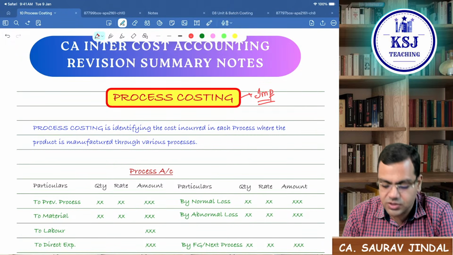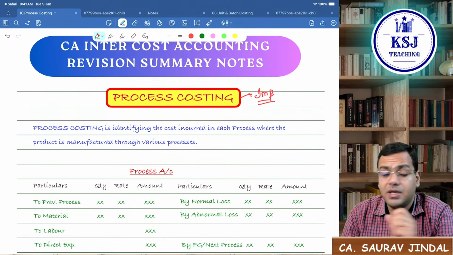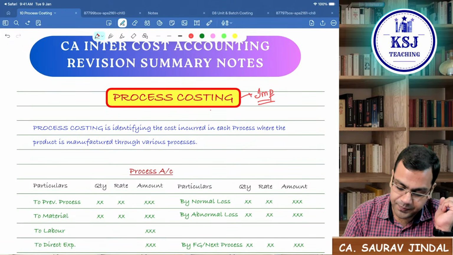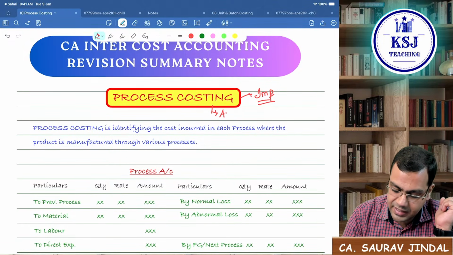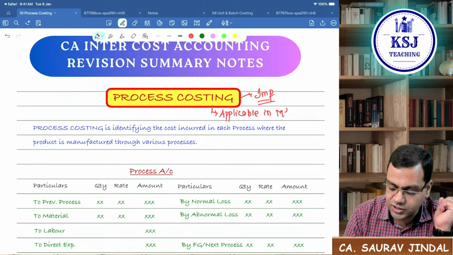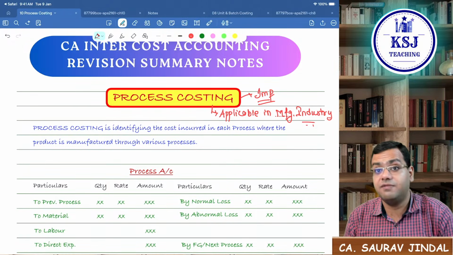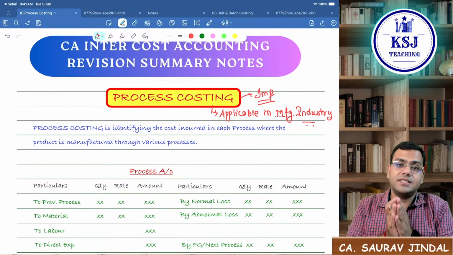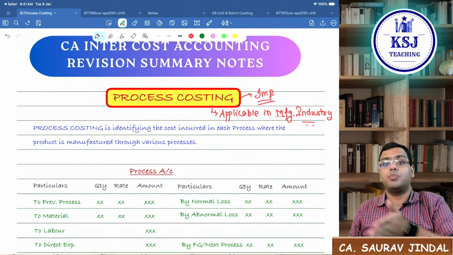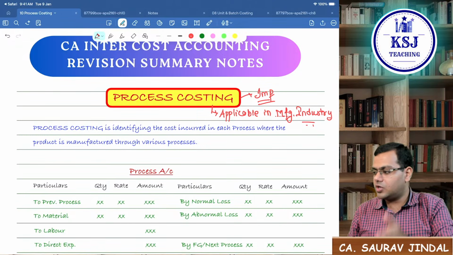Process costing is mainly applicable in the manufacturing industry, where a product is manufactured in various processes. Process 1, process 2, process 3.